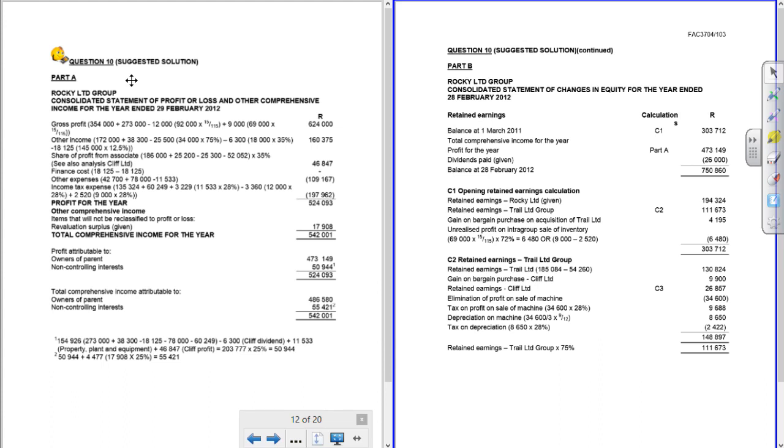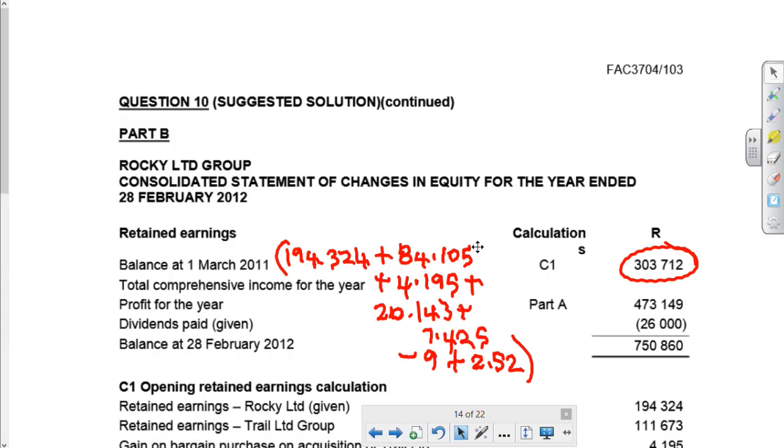Do you agree you have to get that feeling of the group structure and which one's the associate, because otherwise you don't know what to add in your brackets? Because now we know we mustn't add Cliff into our brackets. But if Cliff was, for example, a joint operation, we would add a percentage of Cliff. Then we would go and check the percentage first. Can we have a look?